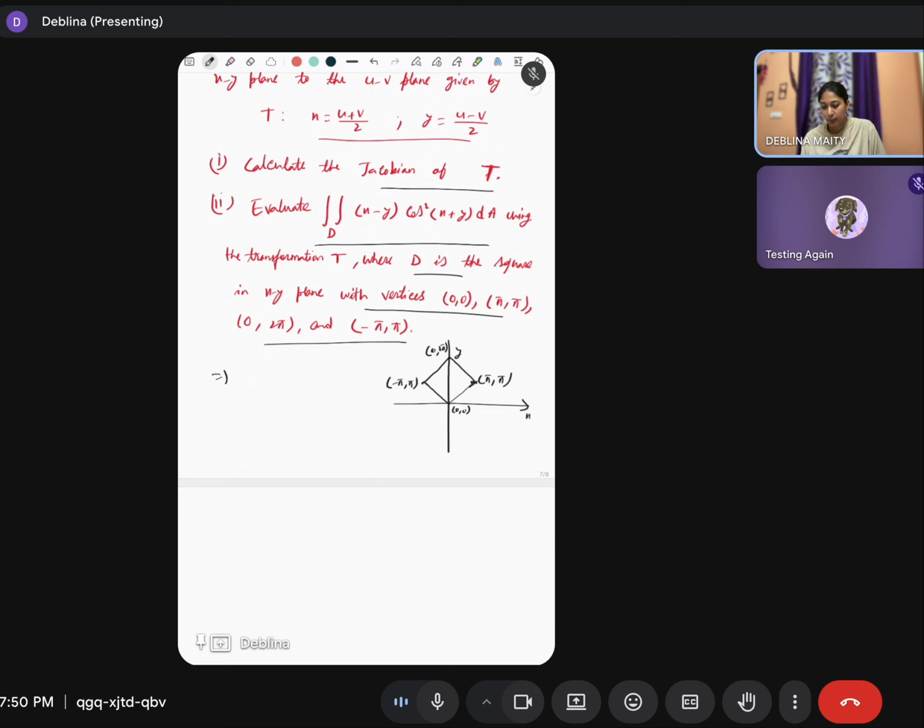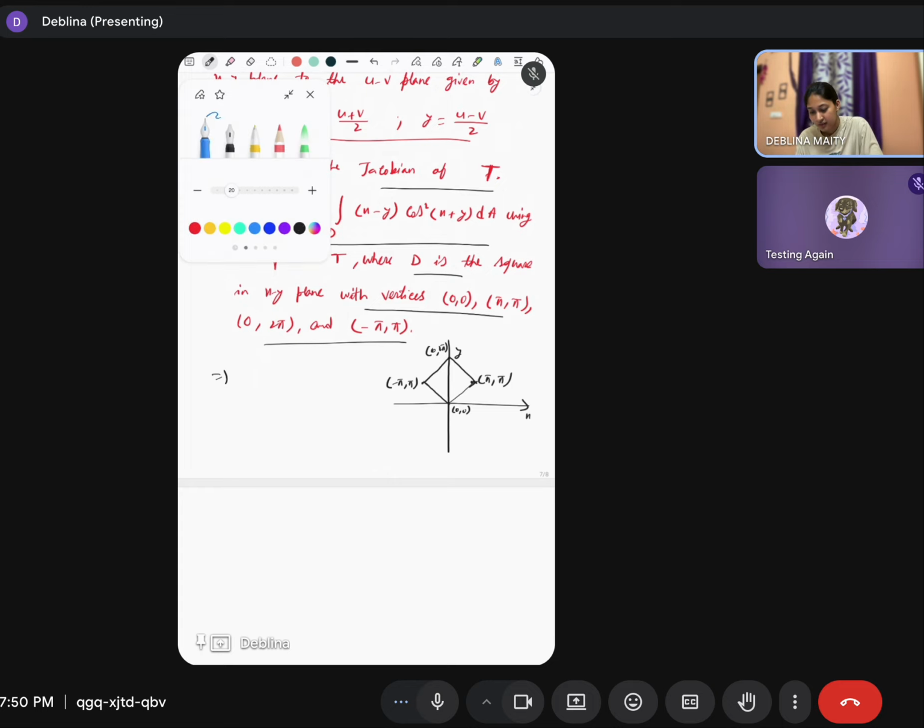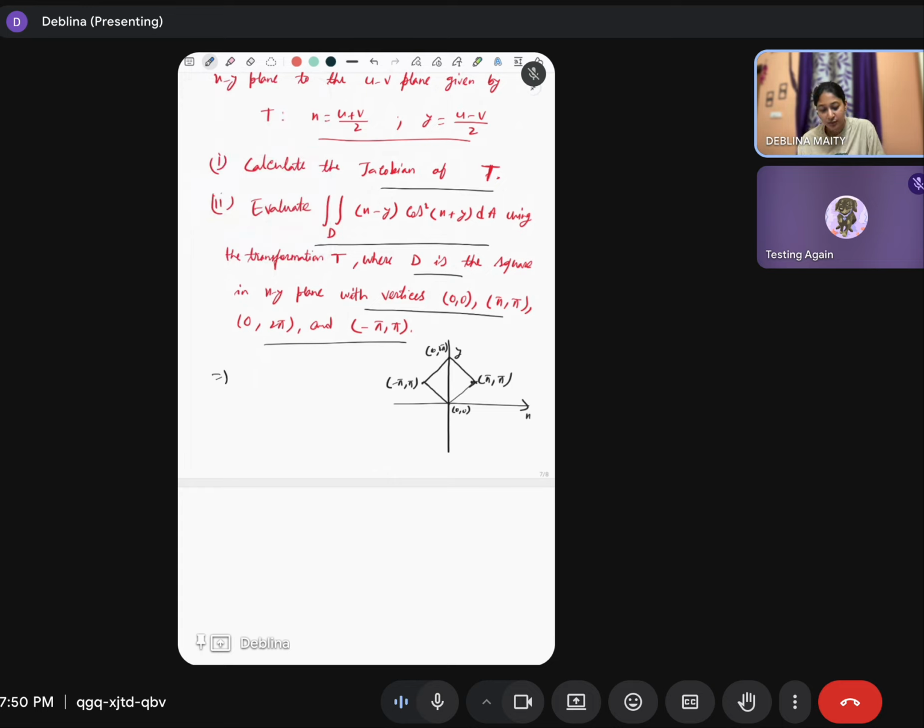So this is a square with these four points, and this is our D.